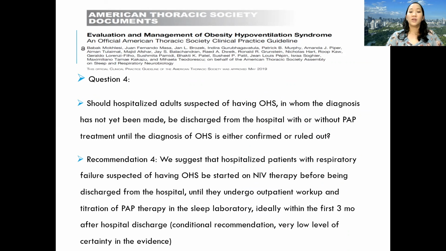The recommendation is that patients hospitalized for respiratory failure with OHS should be started on NIV therapy before being discharged from the hospital, until they undergo outpatient workup and PAP titration, ideally within the first 3 months after hospital discharge for this hypercapnic respiratory failure.